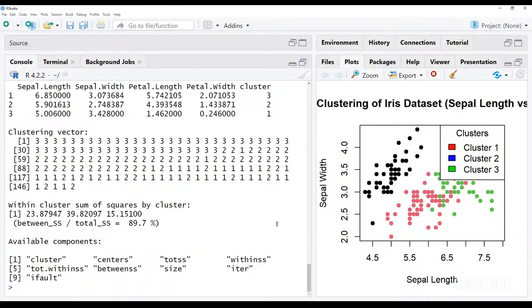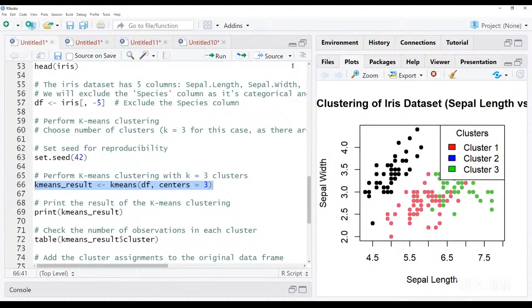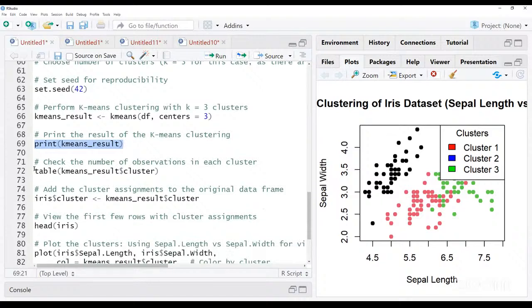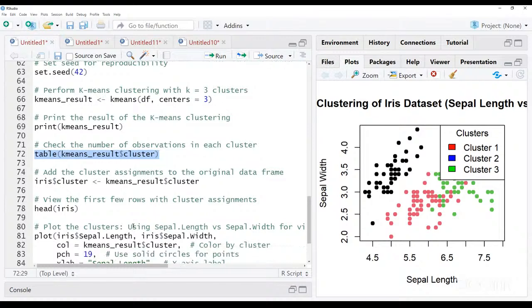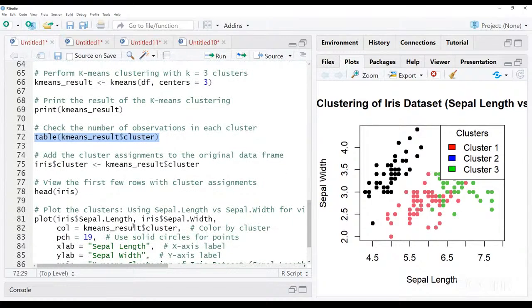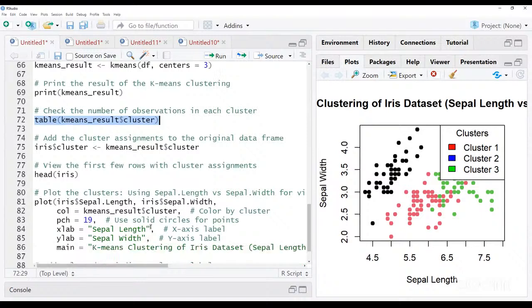So based upon that, what is the next command? Print is gone. Now the table that is also there. Table iris cluster, k-means result, the cluster assignment. Next is the plot.